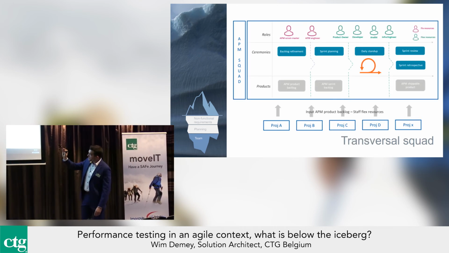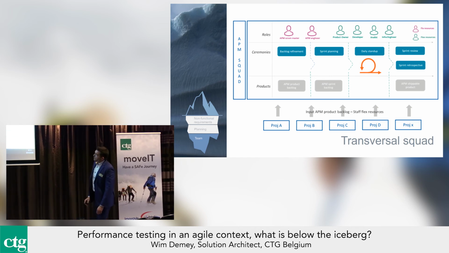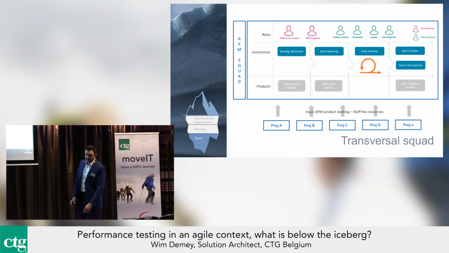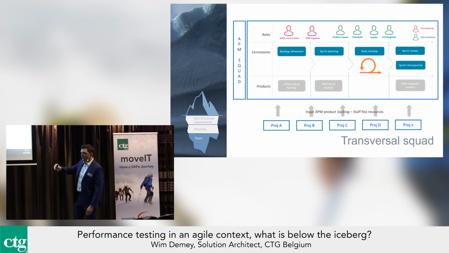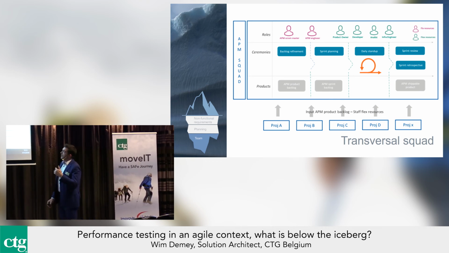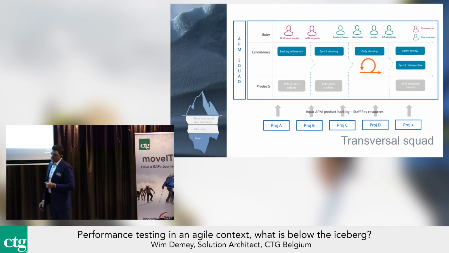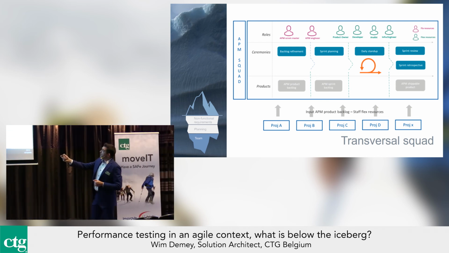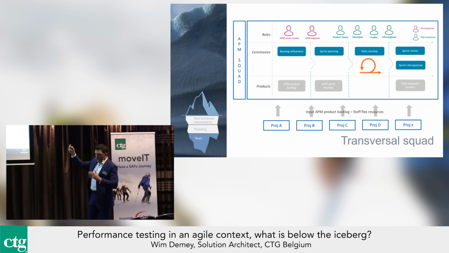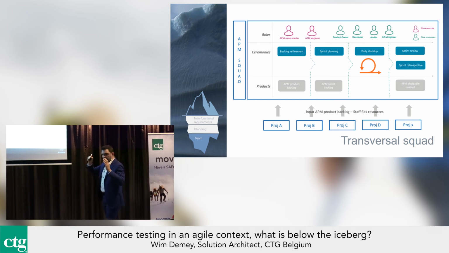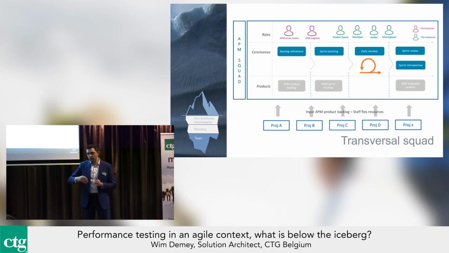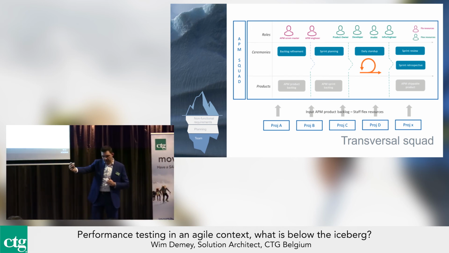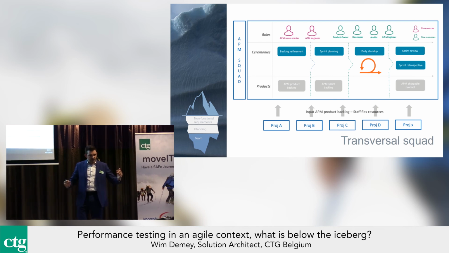And how can it look? In such a performance squad, it's more a flexible composition of members. So you have fixed members, like a Scrum Master and a performance engineer. And then you have flex resources. Based on the performance tests you plan to do in a sprint, you can ask for support from other squads.